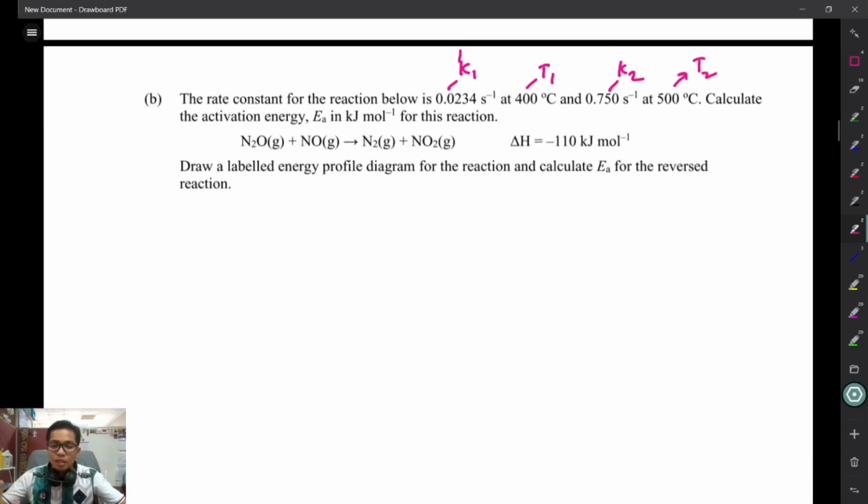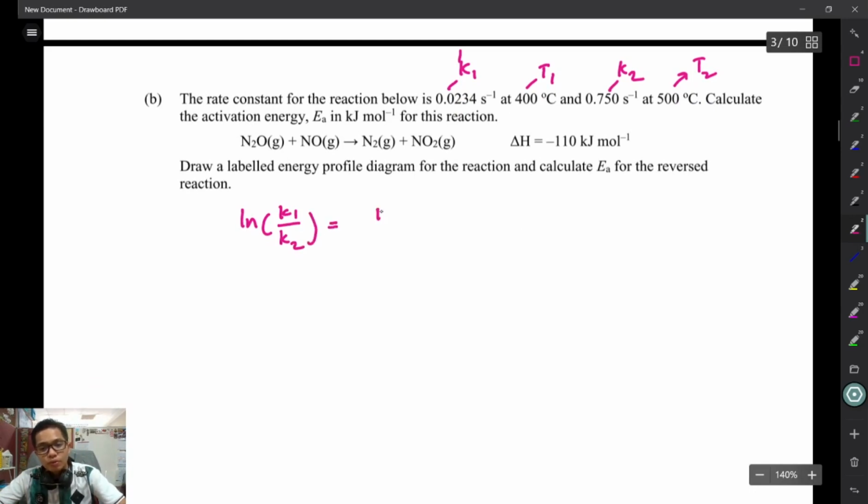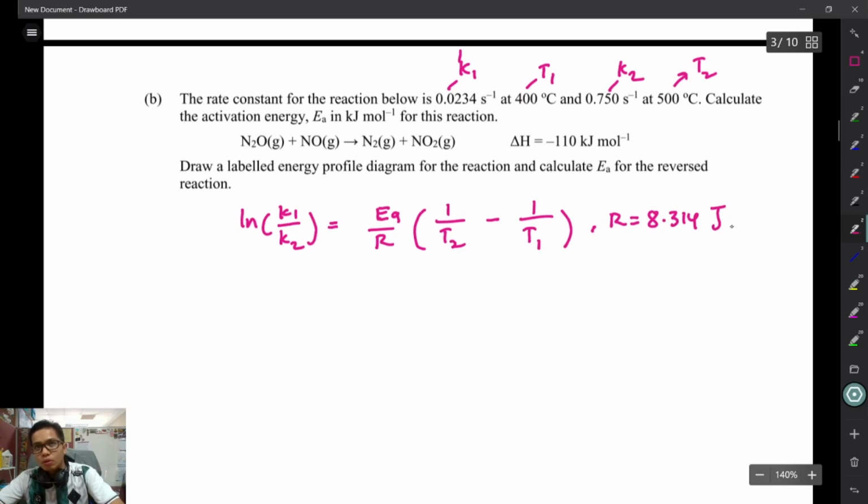So the only formula in mind is ln k1 over k2 equal to Ea over R in bracket 1 over T2 minus 1 over T1, where R equals 8.314 joule per mole per Kelvin.